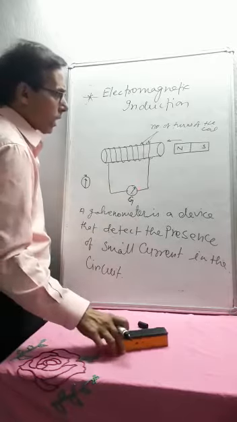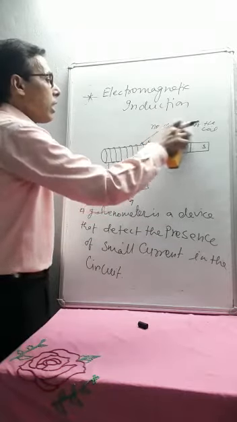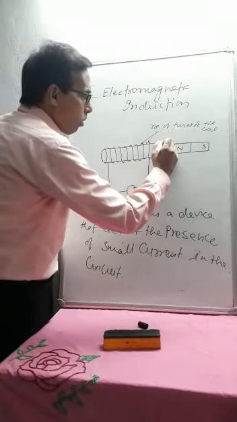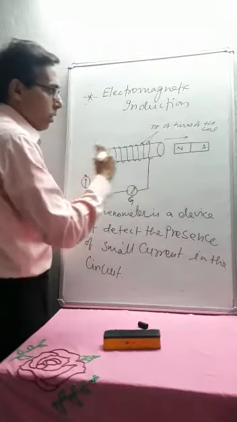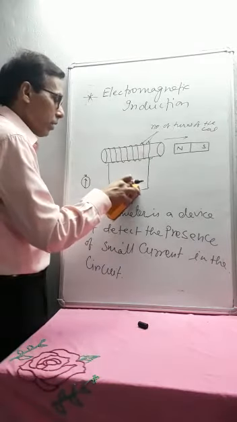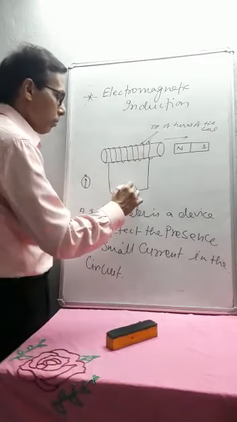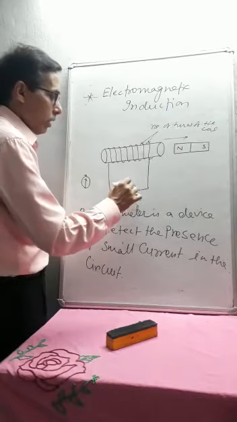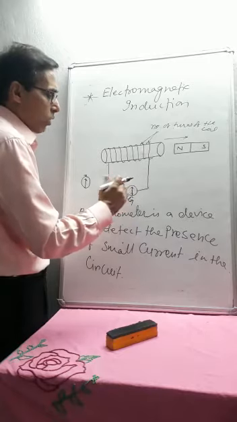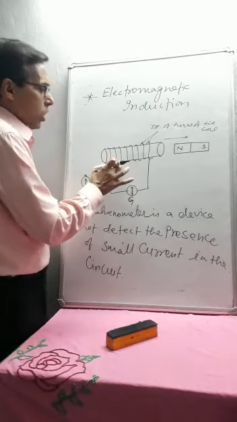Now in the second case, if we move the north pole away from the coil, again it will show zero deflection when no current flows through the coil.